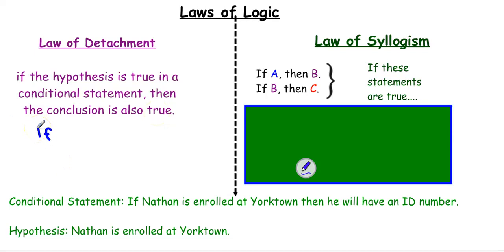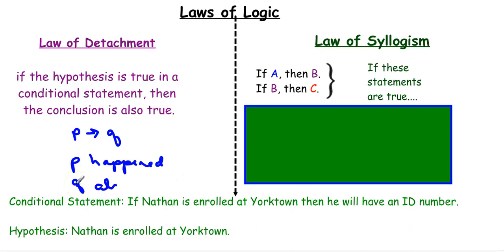So you would be told if P, then Q. I'm just going to use symbolic notation. And then someone's going to tell you P happened, which means Q also had to happen.